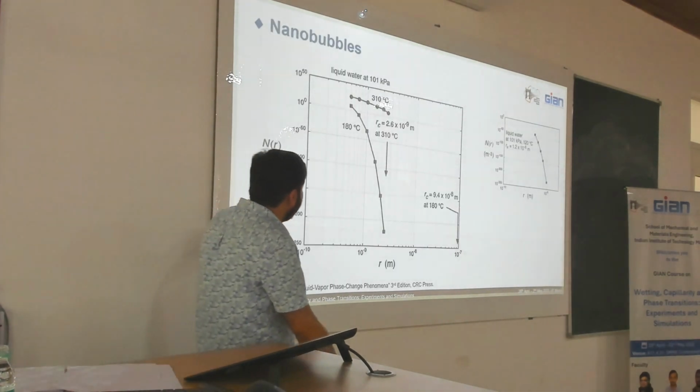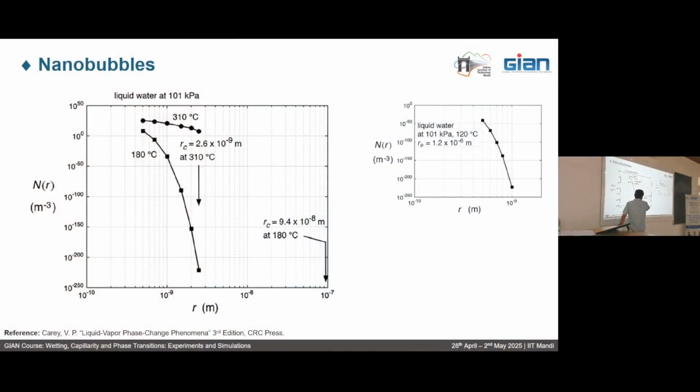Similarly, you can see for various temperatures, this is for 180 degrees centigrade. You can see that the number of bubbles is very less. For R_c equal to 9.8 and temperature 180 degrees centigrade, the number of bubbles of this size range would be very less.